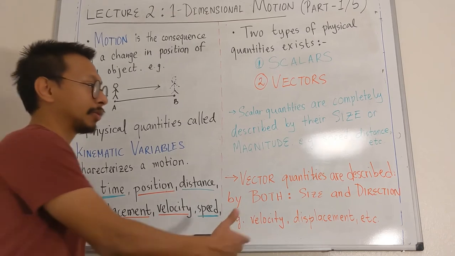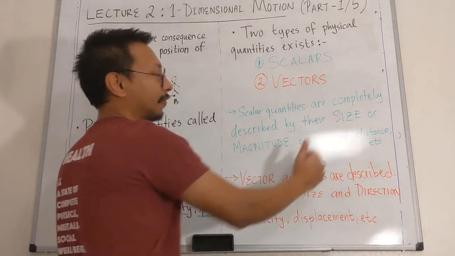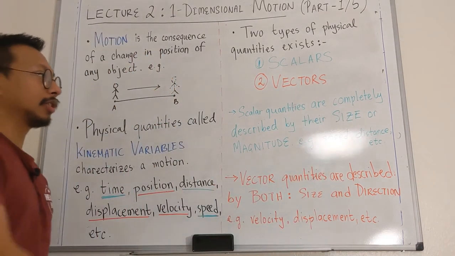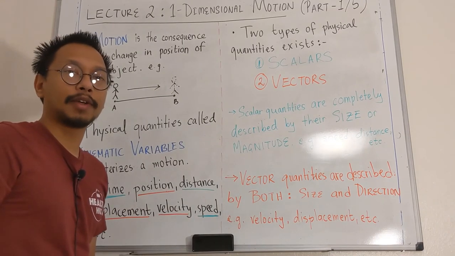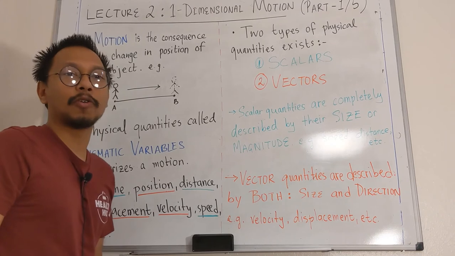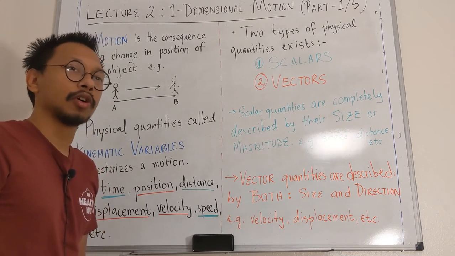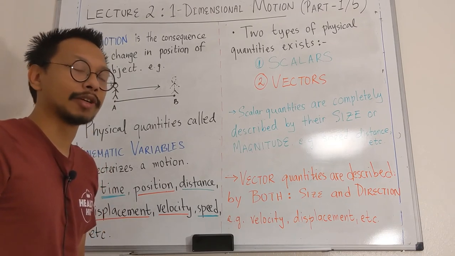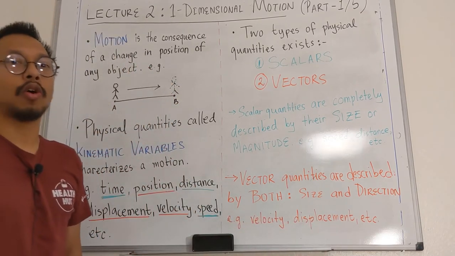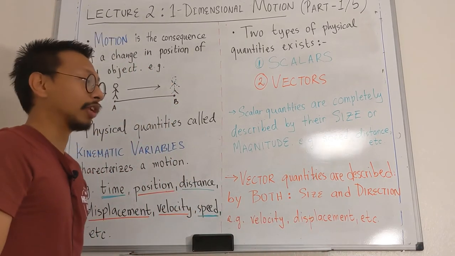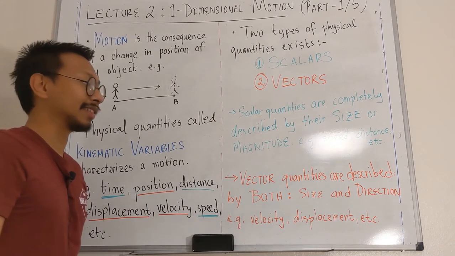Similar to displacement. So how is displacement different from distance? For distance, you can say I have walked from home 5 meters and I've gone back home another 5 meters. So your total distance is 10 meters, right? But displacement is a vector, so direction is important.